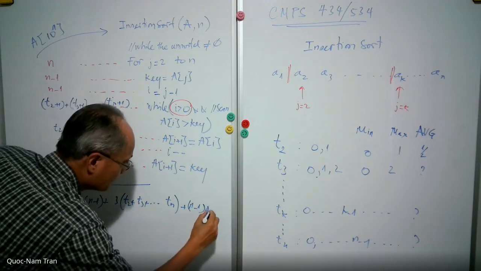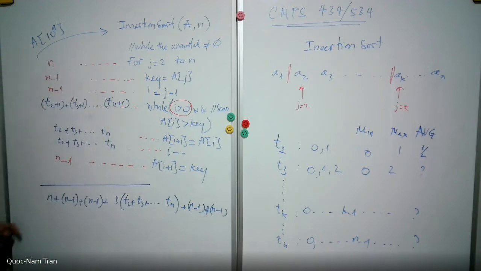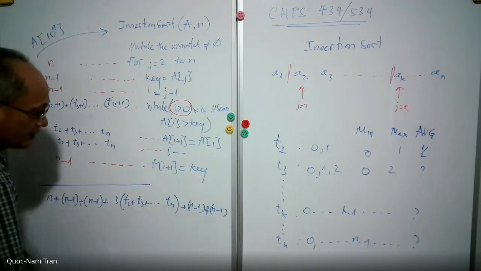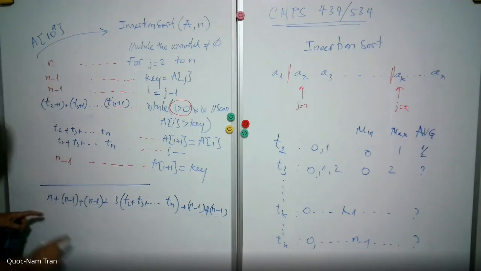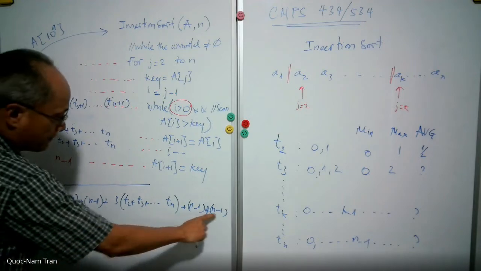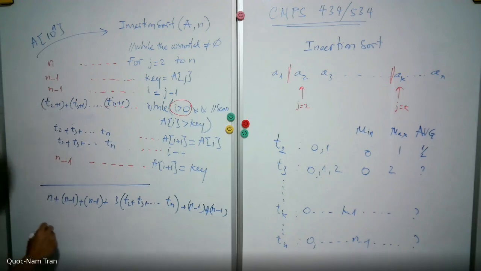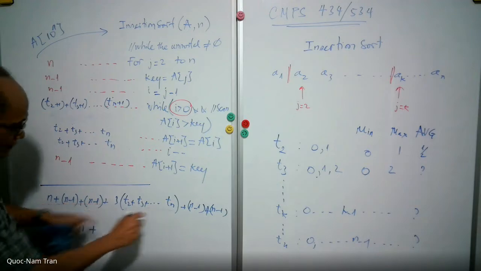So we can simplify this. Here you have n minus 1 four times, plus n. So that's it. We have 1, 2, 3, 4, 5: 5n plus 3 times this.